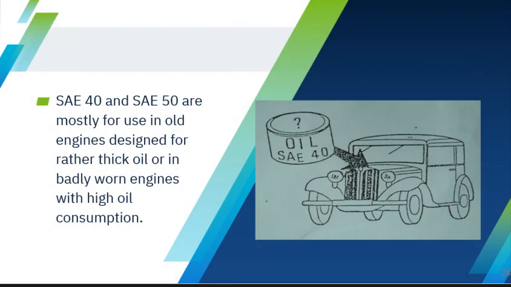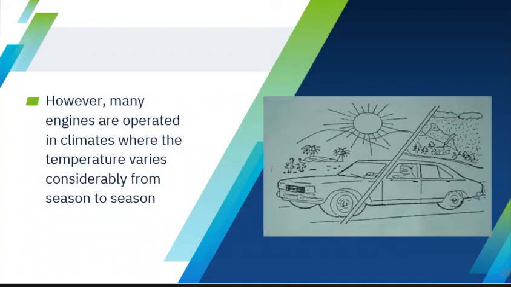SAE 40 and SAE 50 are mostly for use in hot engines designed for rather thick oil or in badly worn engines with high oil consumption. However, many engines are operated in climates where the temperature varies considerably from season to season, so there is a problem with that.